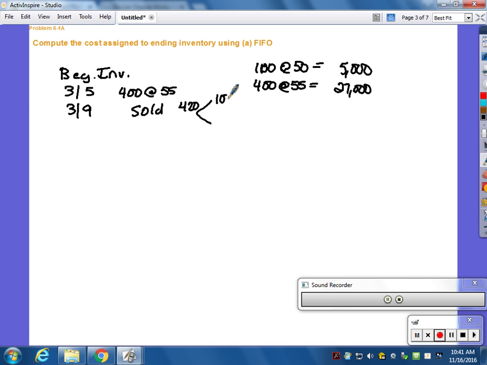So we do 100 at 50 and then do 320 at 55 because it's first in, first out, right? Which means we have how many left on hand after this? It's just 80, right? 80 at 55.